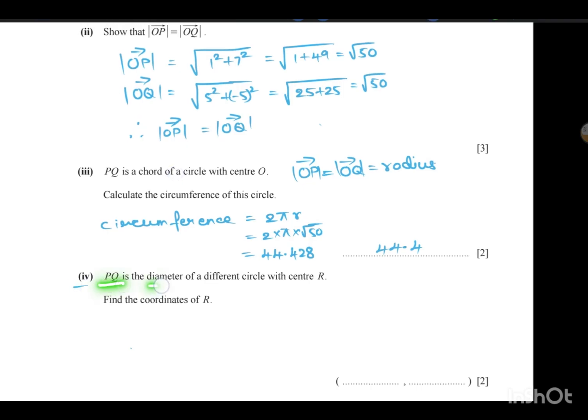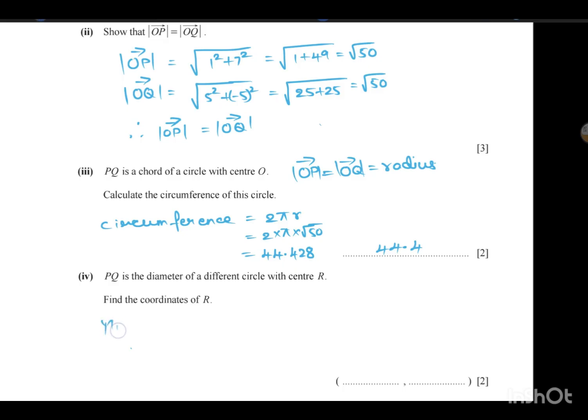Now question number 4. PQ is the diameter of a different circle with center R. Find the coordinates of R. Now PQ is a line segment, and it is the diameter, they are saying, and R is the center of the different circle. So when PQ is the diameter, R will be the center. So the center will be the midpoint of PQ.